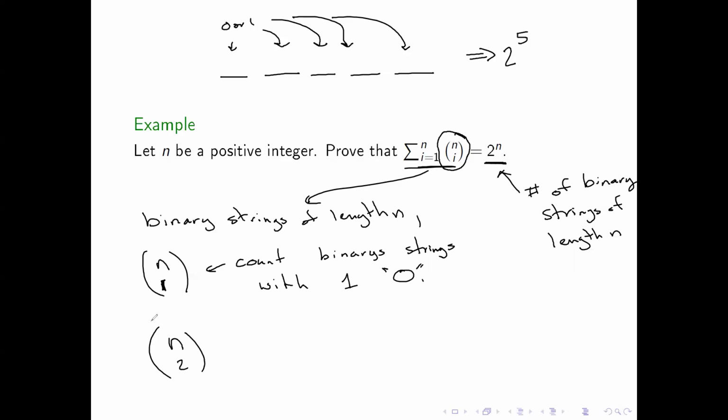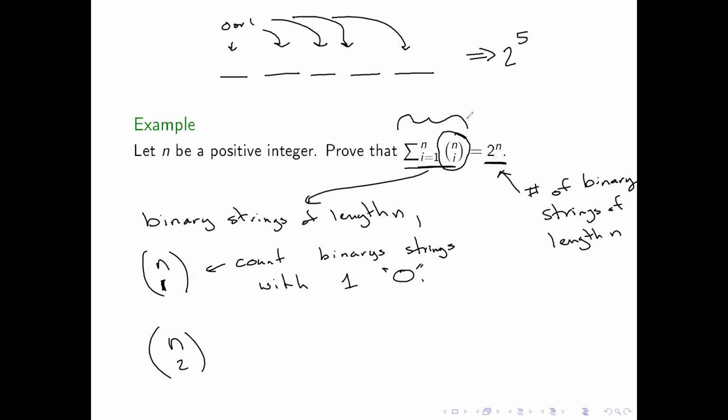So then what is this? Let's break it down then. What is this left-hand side? What is that counting? Is it all the possible strings of length n? Yeah. So we can break it down.